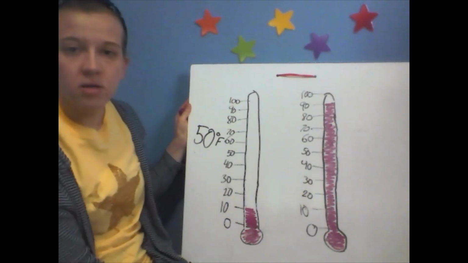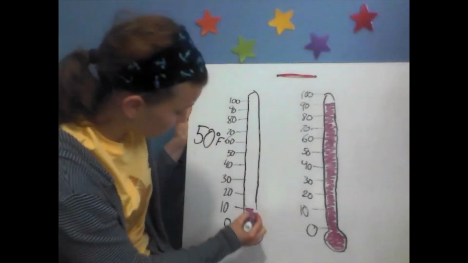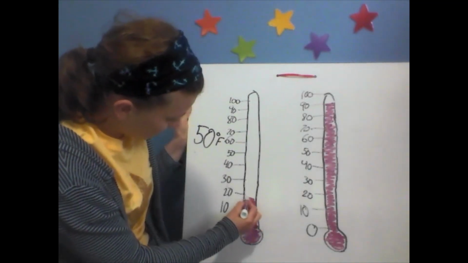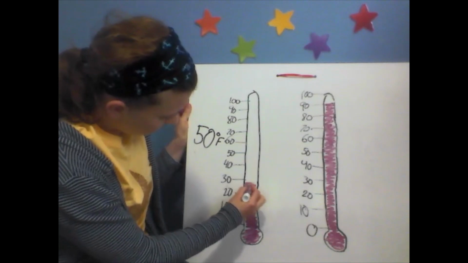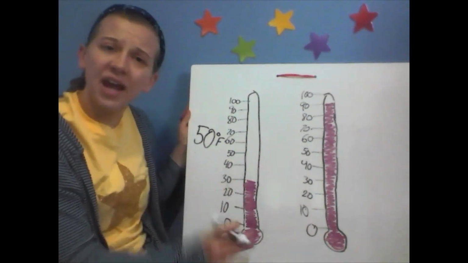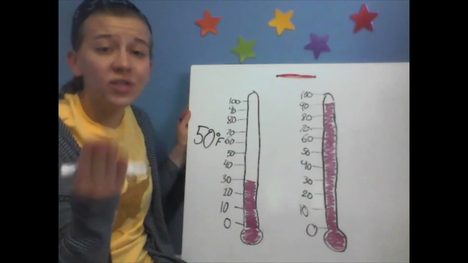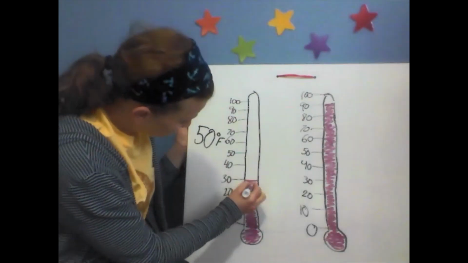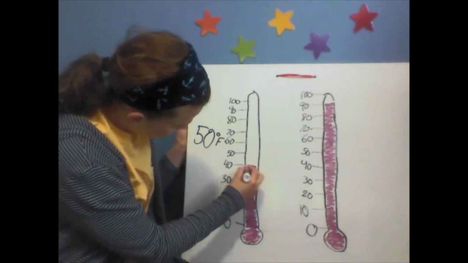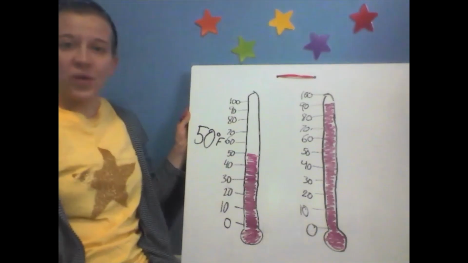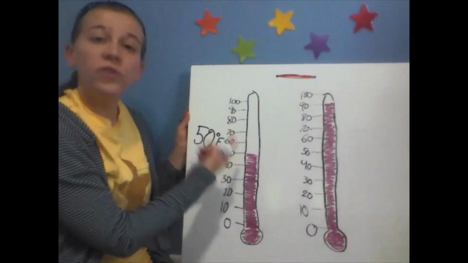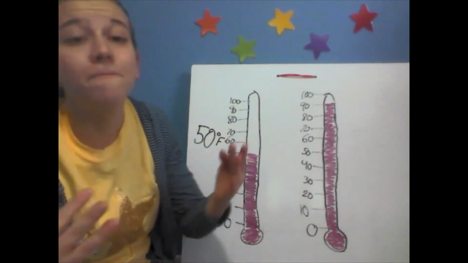Can I stop here? No, that's only 10 degrees. I'm trying to get to 50. All right. Going up, going up. Oh, man. Am I done now? No, that's only 30 degrees. All right. There we go. You've got to go all the way up to 50, and then that gives you 50 degrees.